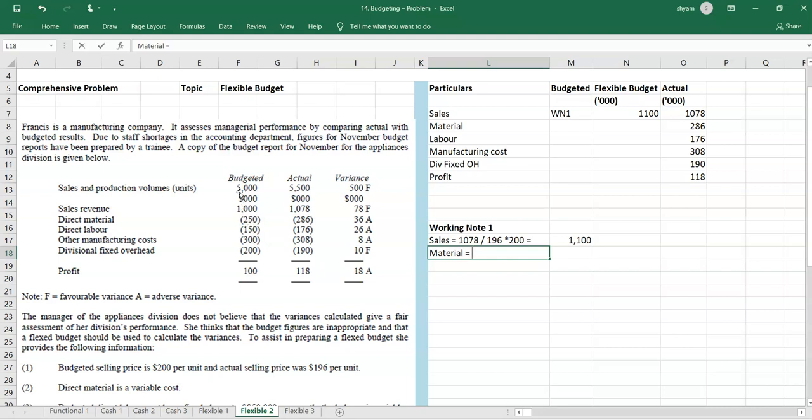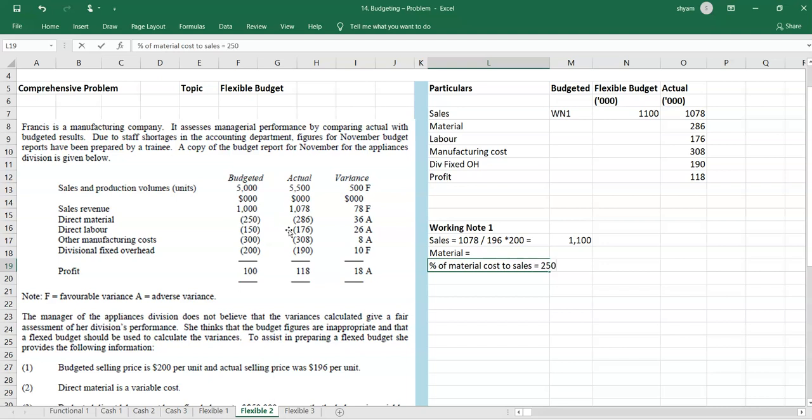Material has a relationship of 25% to the total cost. So we need the percentage of material cost to sales, because there's no other way to find it out. Or else you can find it through the number of units, but that seems very lengthy. So we can relate direct material with the sales.